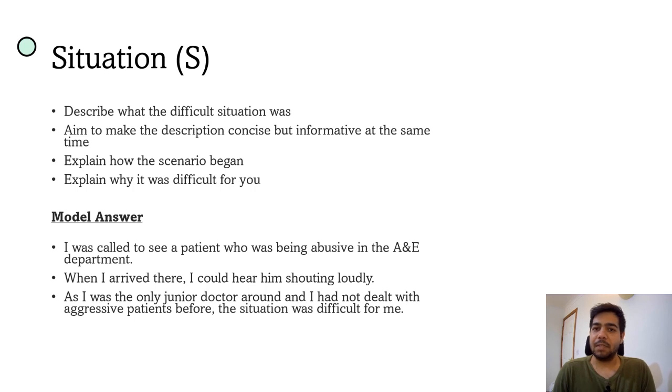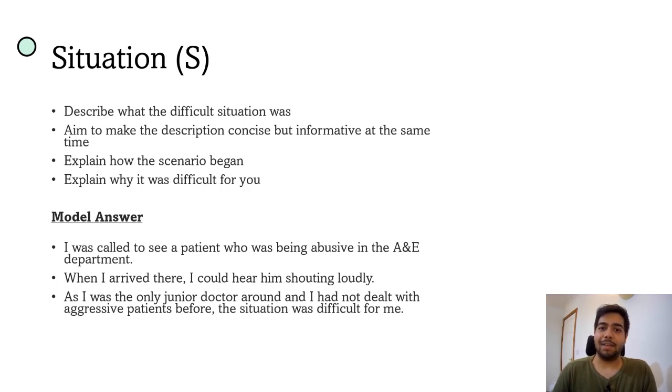So in this part of the structure, you will describe what the difficult scenario was, and you should aim to make the description concise but informative at the same time. You'll explain how the scenario began and why it was difficult for you. So a model answer to this part can be, I was called to see a patient who was being abusive in the A&E department.